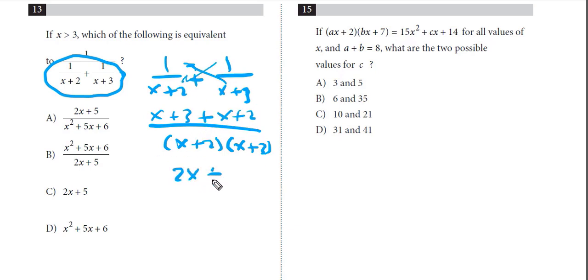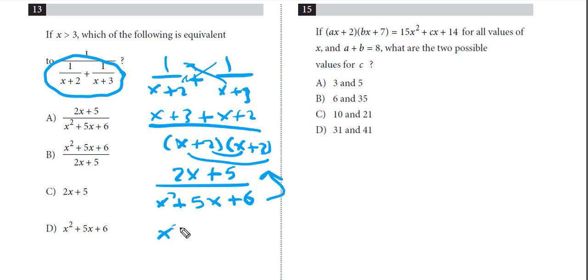Then you have 2x plus 5 up, and down x squared, FOIL rule: first x times x, the last 2 times 3 is 6, and the inner and outer 3x and 2x will be 5x. But here we need to flip it, then it will be x squared plus 5x plus 6 over 2x plus 5, which is B.